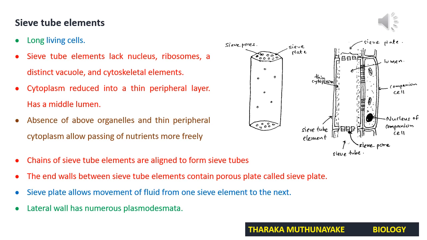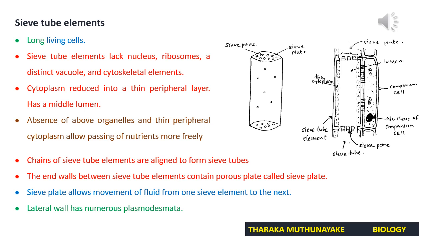Here we are discussing the types of cells of phloem tissue of angiosperms. First, we will move to sieve tube elements. Look at the diagrams. Here, sieve tube elements are long living cells. They have only a thin primary cell wall. Therefore, they are living cells even at maturity.